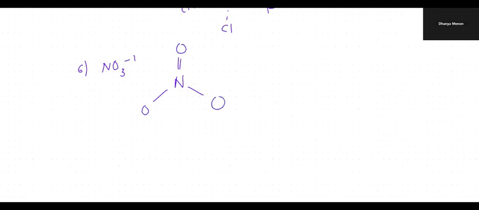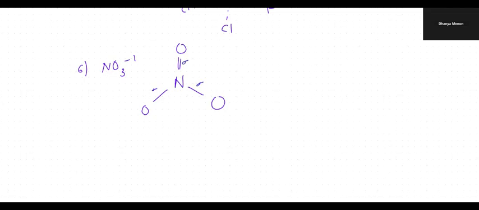Suppose I need to find the type of hybridization of nitrogen in nitrate ion. Now, suppose I have been given a structure like this. At least I know how many double bonds or lone pairs are there, if any. Oxygen, oxygen. So here there's a sigma bond, a sigma bond here, and a sigma bond here.